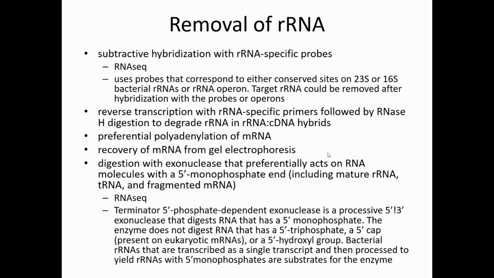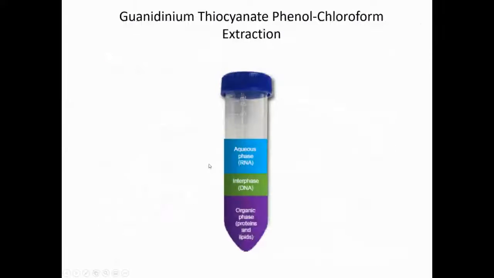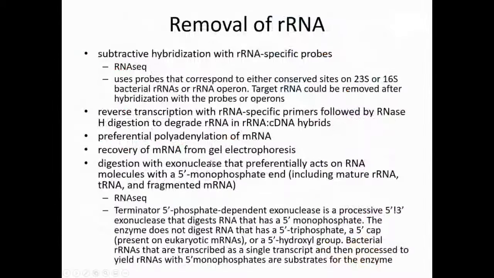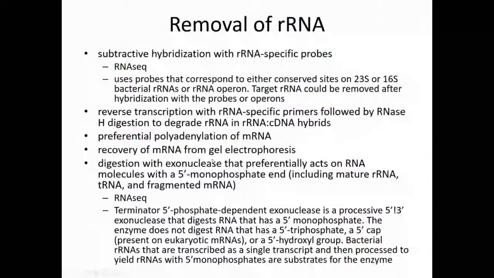Okay. So these are all different techniques that you can use to remove the ribosomal RNA and then preserve the messenger RNA. All right, so we finished the DNA and RNA purification.